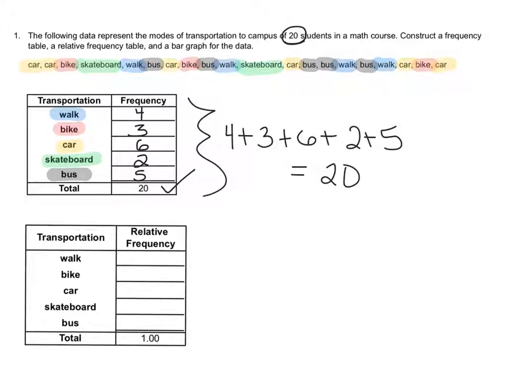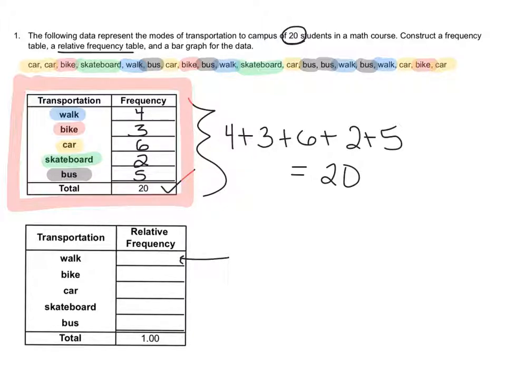Okay, now that we've listed our frequency table, we're going to draw a relative frequency table. And a relative frequency table provides the number of times a value occurs as a decimal. So all we do is we look at our frequency table that we found above, and we're going to divide the frequency of each value by the total of frequencies.